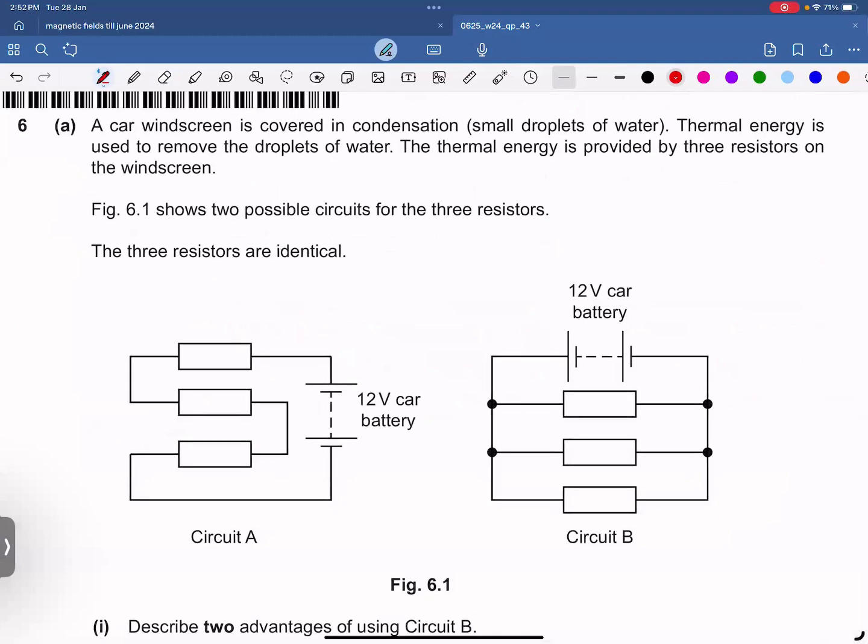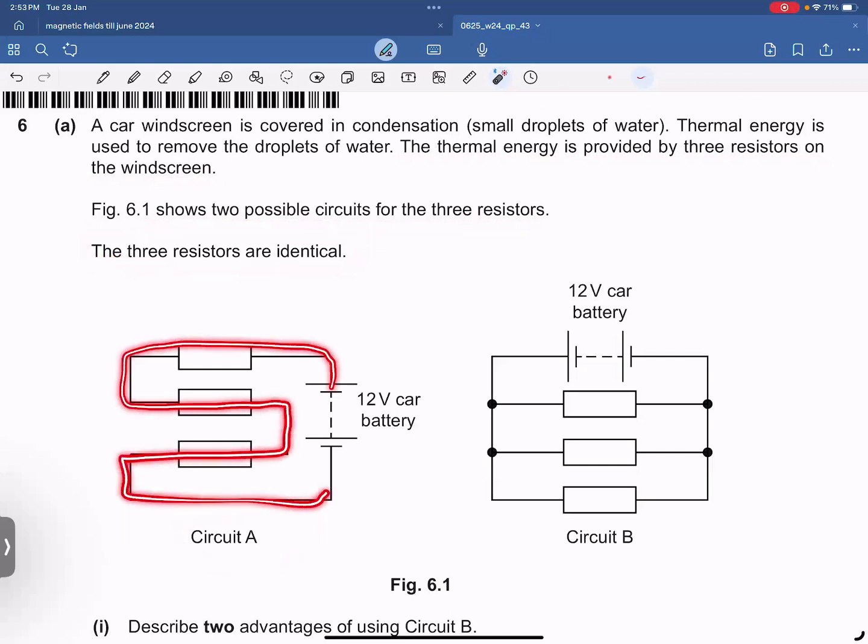A car windscreen is covered with condensation or small water droplets. Thermal energy is used to remove the droplets. Thermal energy is provided by three resistors in the windscreen. Figure shows two possible circuits. The three resistors are all identical. If you look at circuit A, it is the same path of current, so this circuit is series.